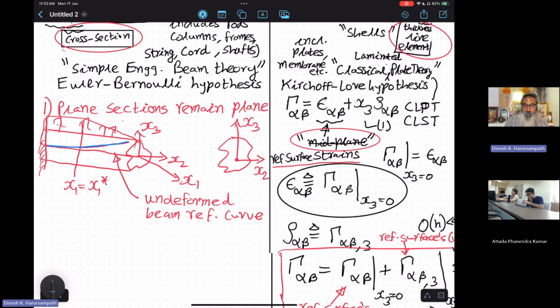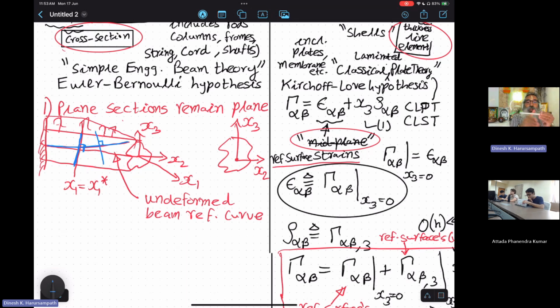So you see that it bends upwards like that, right? Now, every cross section also goes along with that. So that particular cross section that we had over here at x1 equal to x1 star will also go along with that reference curve. And what Euler-Bernoulli are saying is that because initially it was perpendicular to the reference curve, after deformation also it will remain perpendicular to the reference curve.